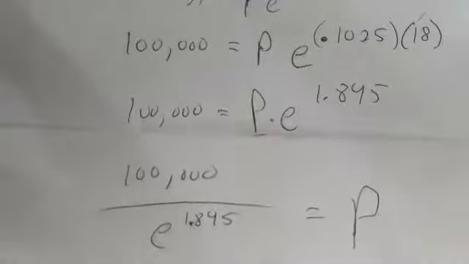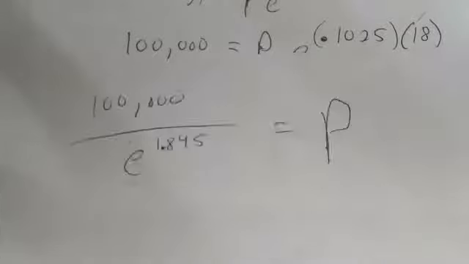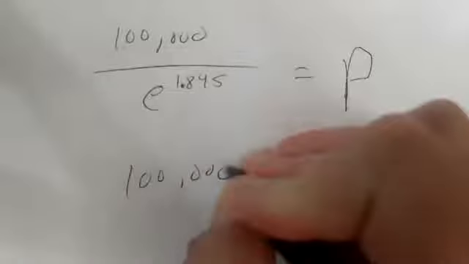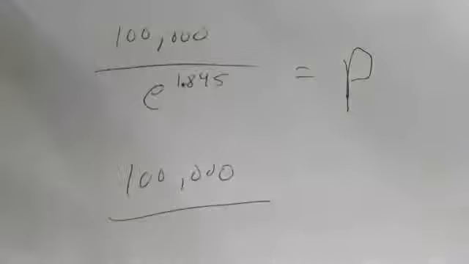I've just got to figure out what the number over here is. Now it's calculator time, basically. I do 100,000 divided by e to the 1.845. Or if you want, you can do e to the 1.845 first, and then 100,000 divided by that. 1.845 should give you somewhere around 6.328.